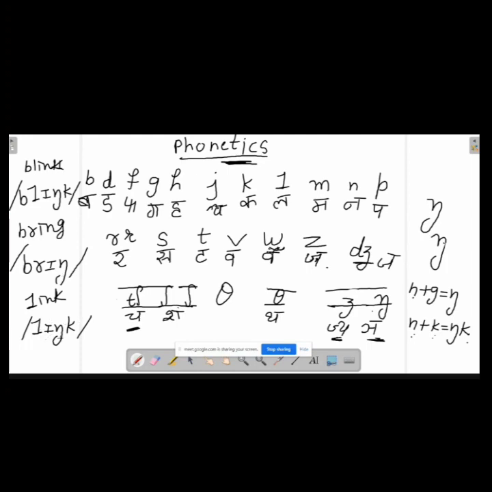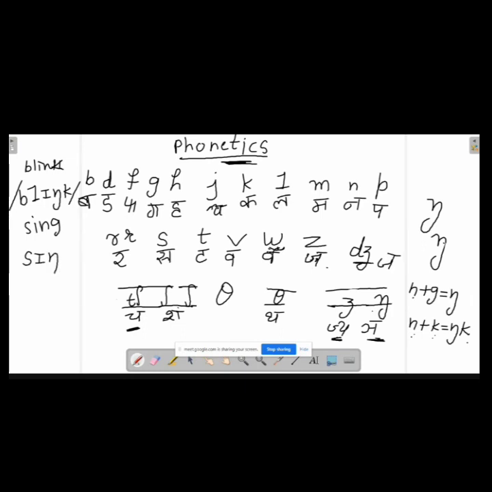Then we have the word, let's say, S-I-N-G, sing. Now I hope you all have understood how you will write the phonetic transcription of the word sing. That would be s, e and ang.